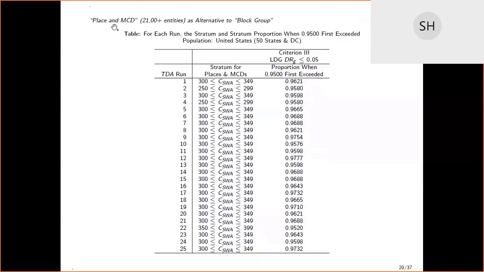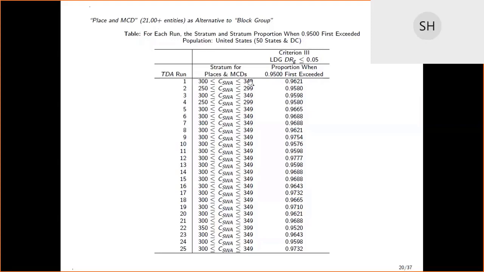We also, as James mentioned in his introduction, looked at places and MCDs. There are over 21,000. I'm sorry, there's a zero missing here. But we looked at over 21,000 entities in this collection as an alternative to block groups, and we repeated this also 25 times with the top-down algorithm, using criterion 3 again, and looking for the point at which we first cross a proportion of 0.95.